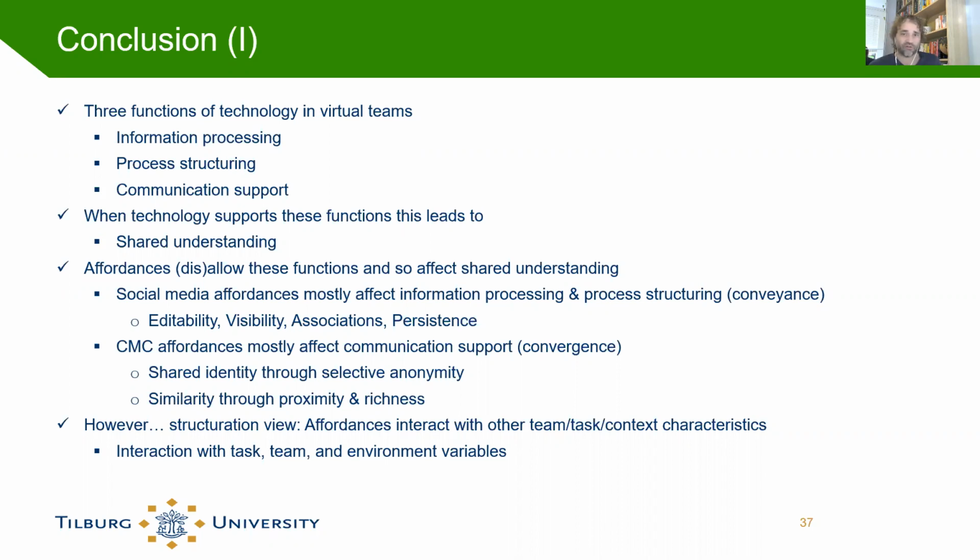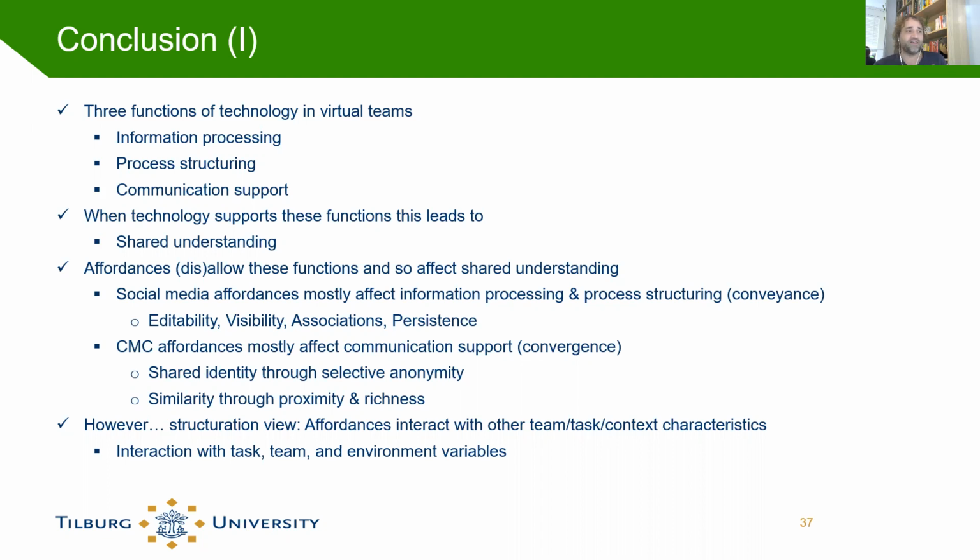The affordances of social media and communication technology allow, or if you don't implement them well, prevent these functions and thus affect shared understanding. So if you look at social media, they mostly affect information processing and process structuring.